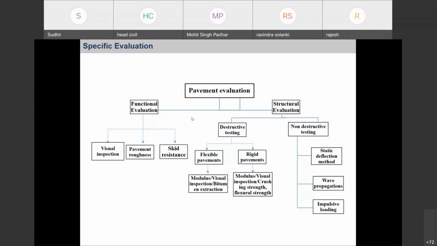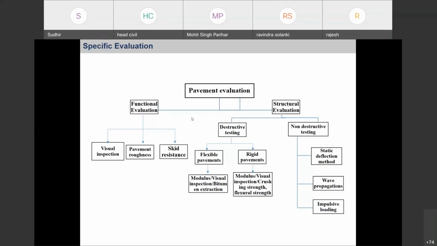Or you might conduct a non-destructive test, for example, falling weight deflectometer, and obtain its modulus value without taking any core out of the pavement structure, right? Since you have not taken out a sample from the pavement structure and you are estimating the modulus value, the estimated modulus value will be the in situ modulus value obtained from non-destructive testing. So that's the benefit of conducting non-destructive testing.